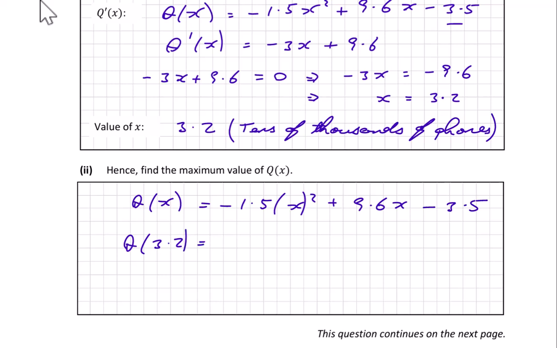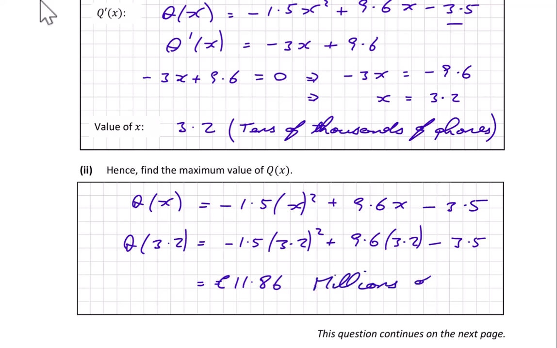So we're just going to put 3.2 in here. So it's minus 1.5 times 3.2 squared plus 9.6 times 3.2 minus 3.5. When you do that, you just get 11.86. So it's 11.86, and these are millions of euros.